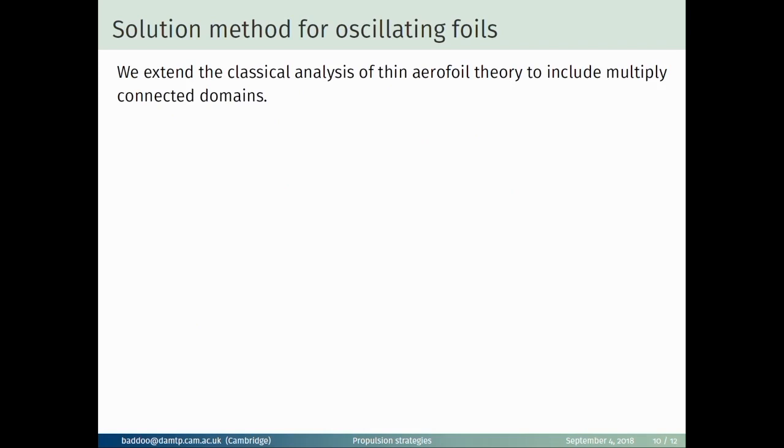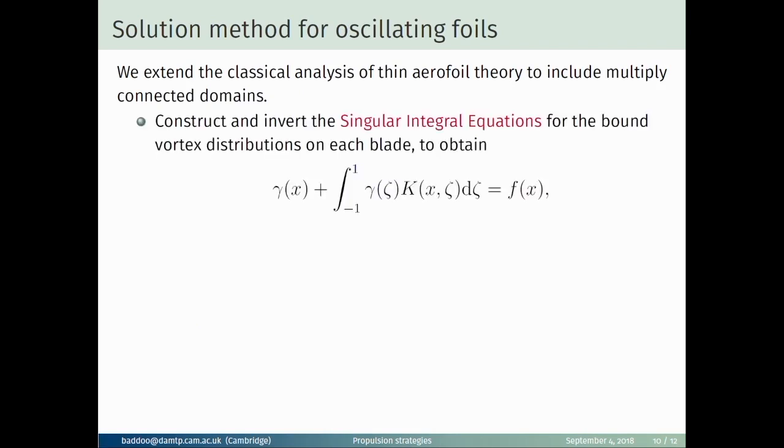So the solution method is to extend the classical thin airfoil theory to include multiply connected domains or multiple oscillating foils. And the way this typically works is to construct a singular integral equation, or equivalently construct the Riemann-Hilbert problem for the bound vortex distribution, that is gamma, on the chord of each airfoil.